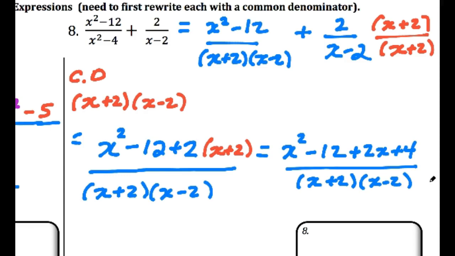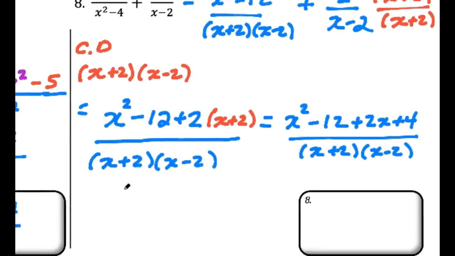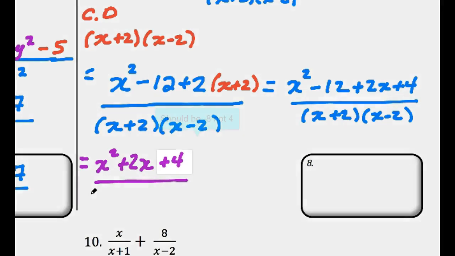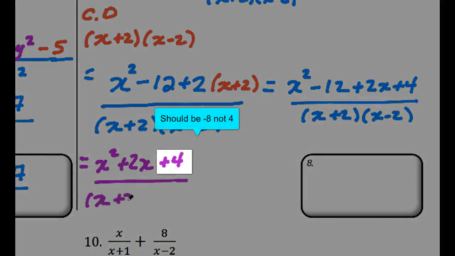We're going to run out of space, so we're going to go down here. Now the numerator becomes x squared plus 2x plus 4, and our denominator is the same: x plus 2, x minus 2.